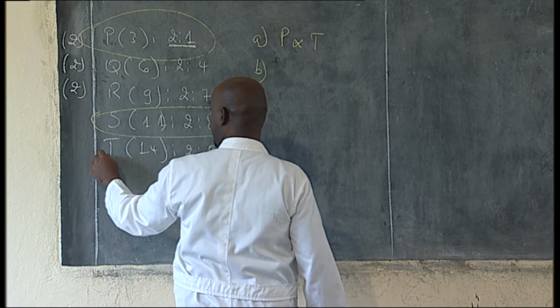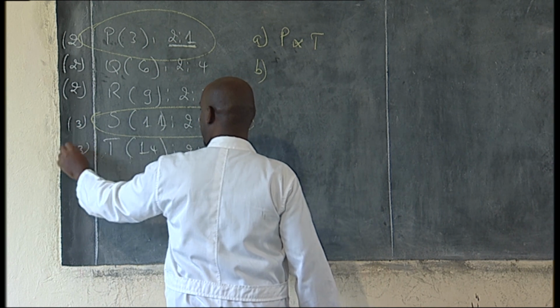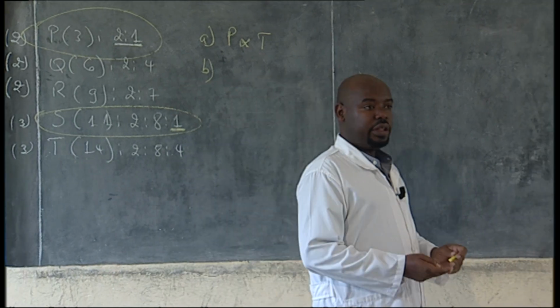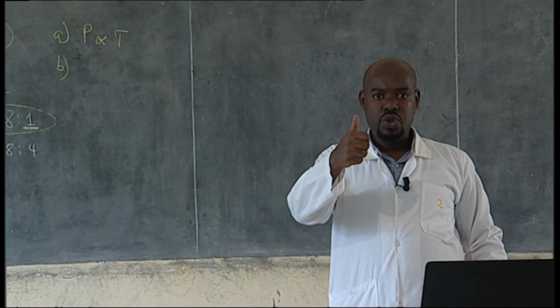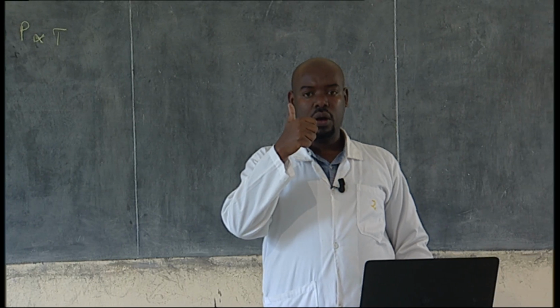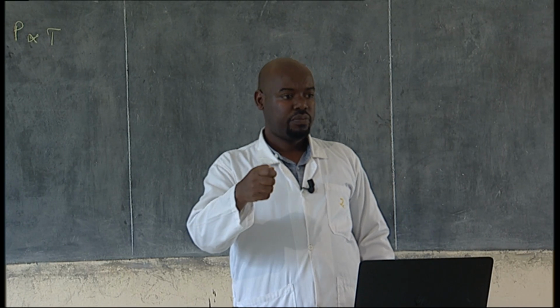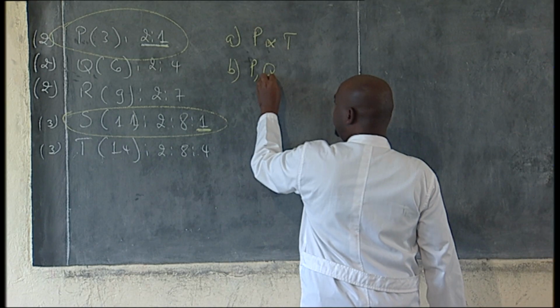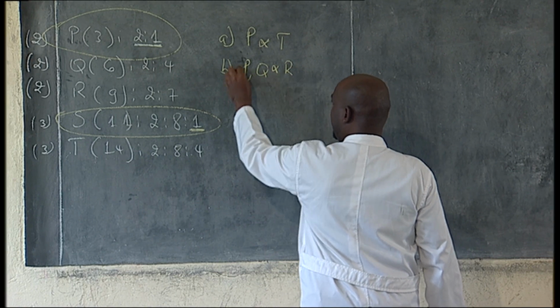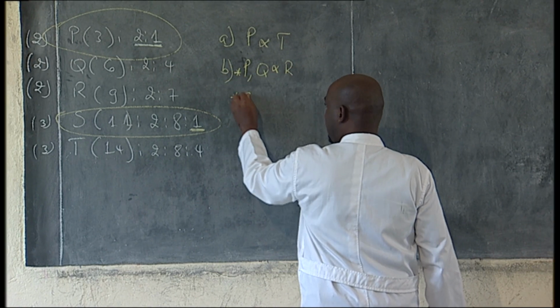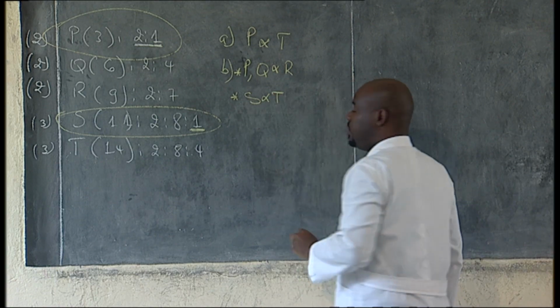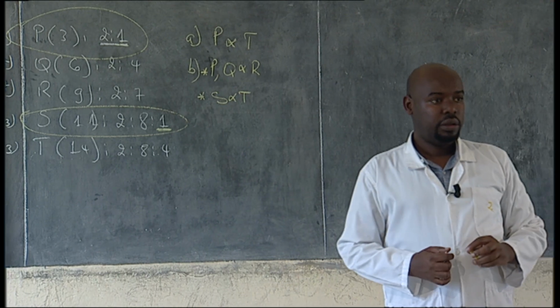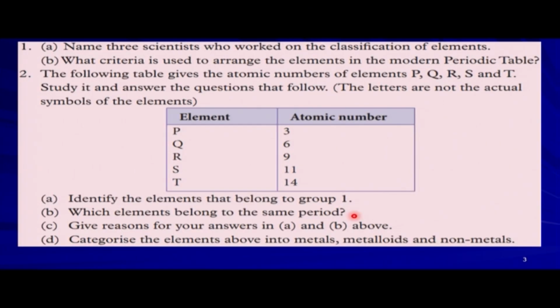And for S and T, we have three energy levels. So the two sets of elements belonging to the same period are P, Q, and R, and the other set is S and T.